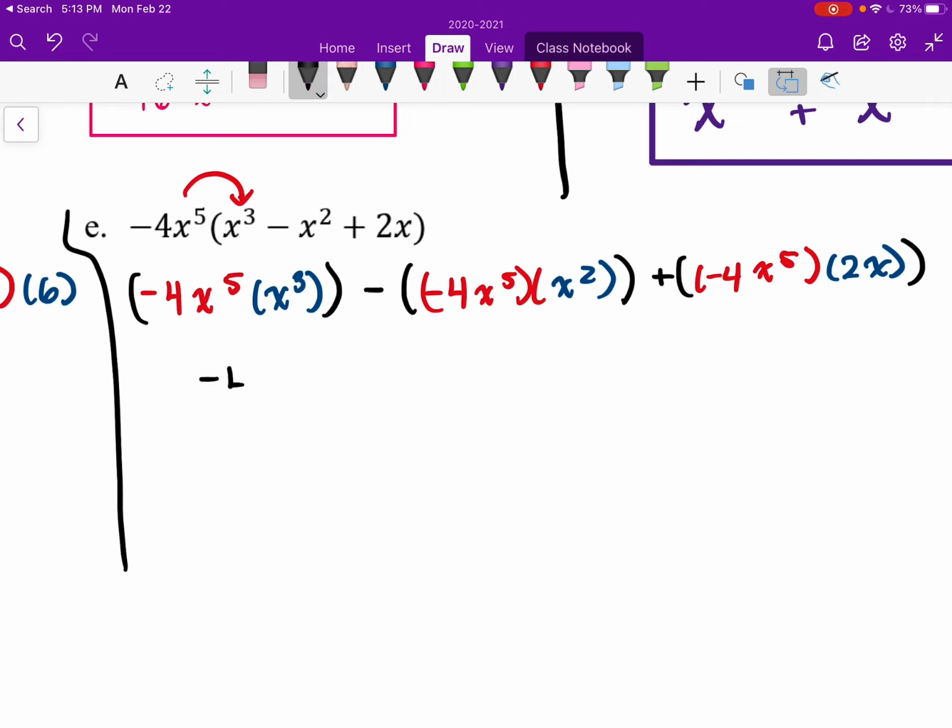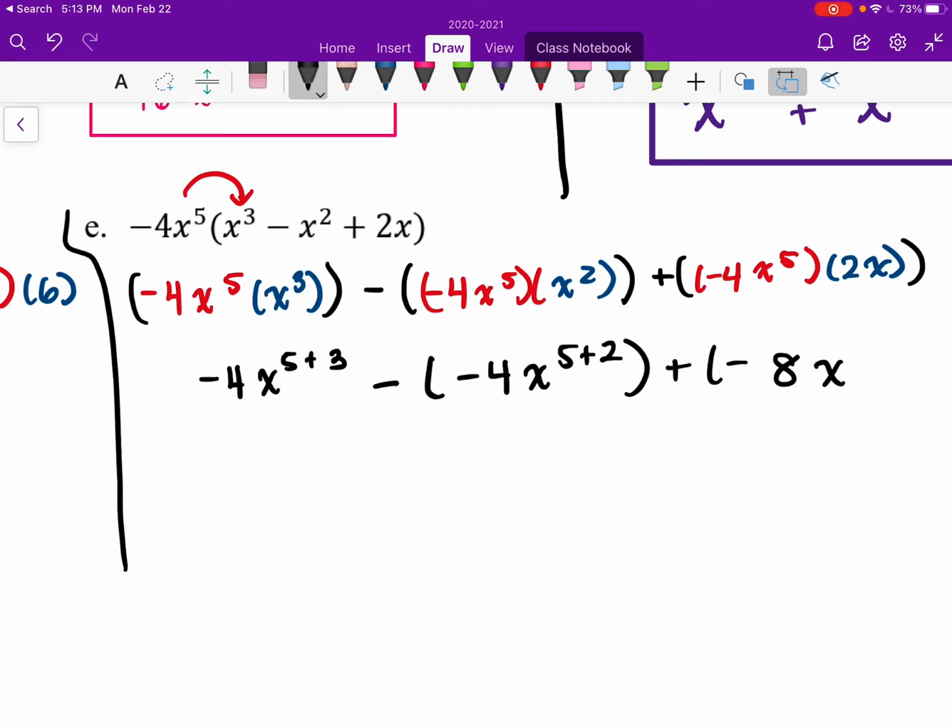So negative 4 times 1 is just negative 4x^5 plus 3, minus negative 4 times 1, which is negative 4x^5 plus 2, plus negative 4 times 2 is negative 8, x^5 plus 1, right?